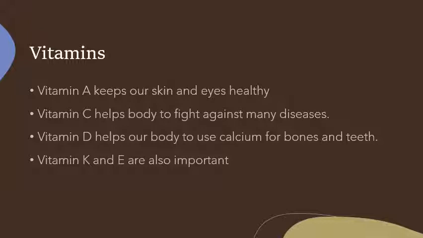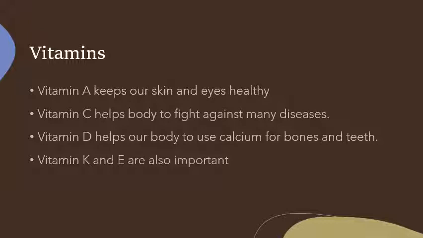Now, as you can see on the screen, vitamin A keeps our skin and eyes healthy. And vitamin C helps our body to fight against many diseases. Vitamin D helps our body to use calcium for bones and teeth. Vitamin K and E are also important.